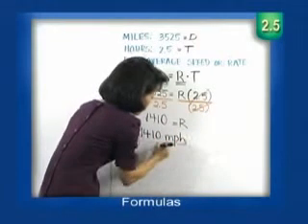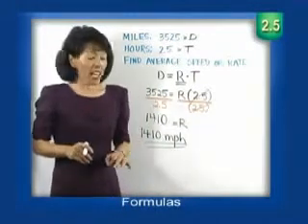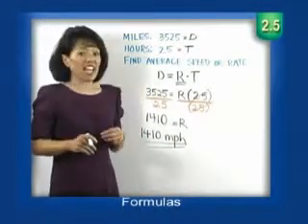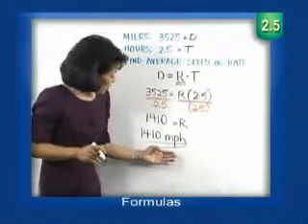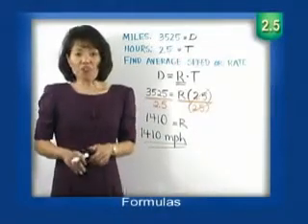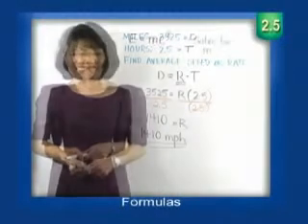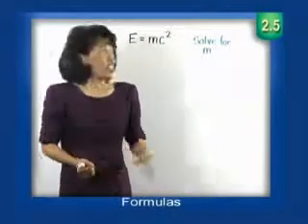Remember, when you're working with word problems, that you always answer the question asked. The question was to find the average speed or rate, and sure enough we did. In this case, the solution is 1,410 miles per hour.